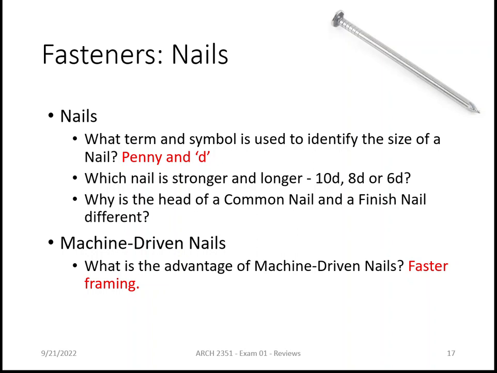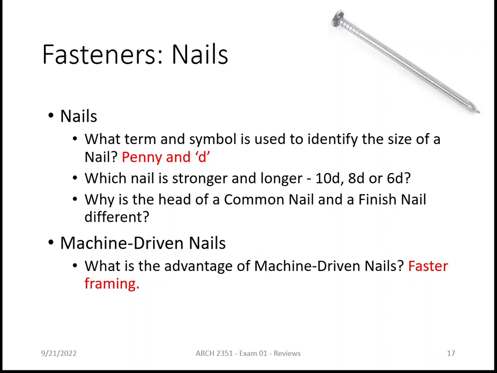Which nail is stronger and longer? 10D, of course. Why is the head of a common nail and the finished nail different? Countersinking. The common nail, the head is very large, and its intent is when you drive it to grab onto the wood to keep it from being pulled through.